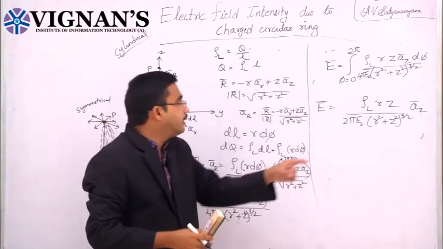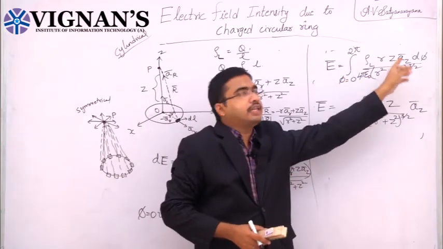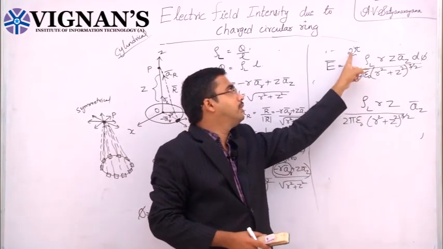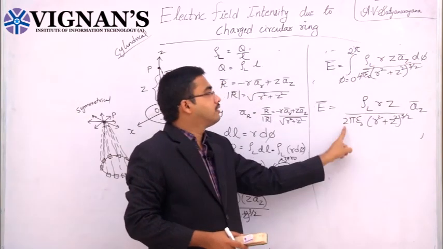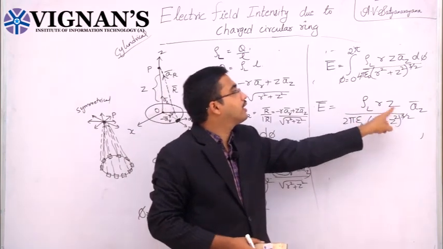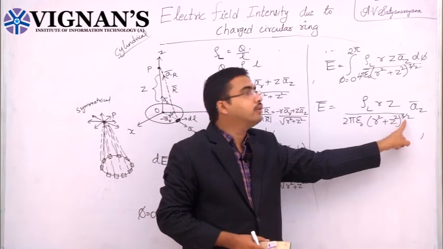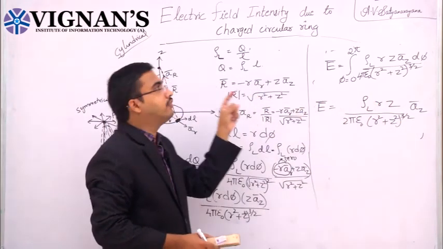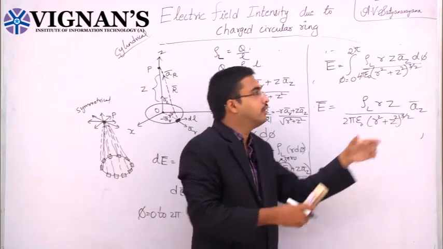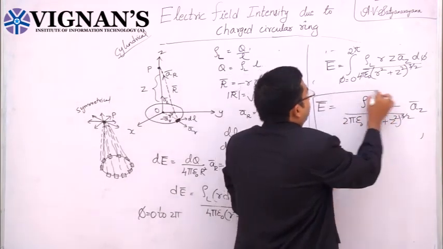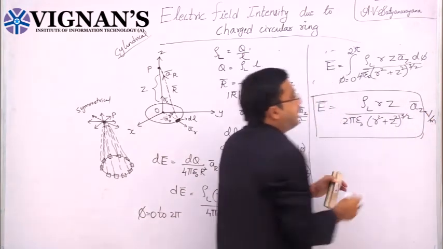Here, integral d phi is phi, and after substituting the limits, 2 pi minus 0, the 4 pi will be cancelled by 2 times. So rho L R Z by 2 pi epsilon naught R square plus Z square whole power 3 by 2, and your electric field intensity will be acting in Z direction, that is the unit vector AZ bar, and the unit for this electric field intensity is volts per meter.